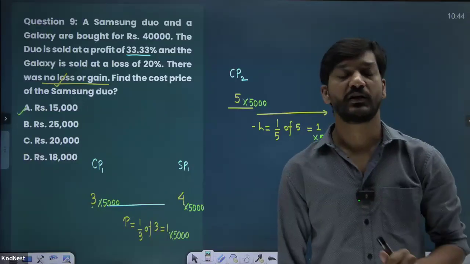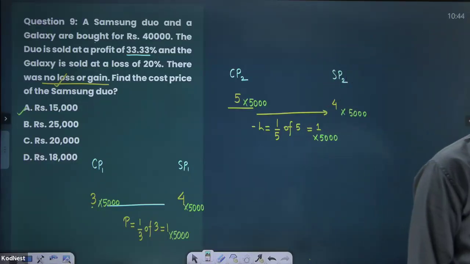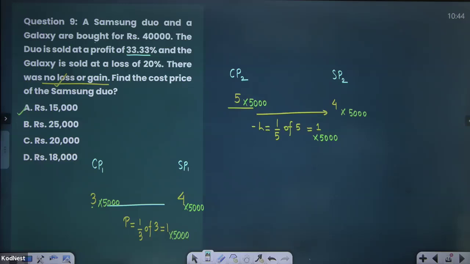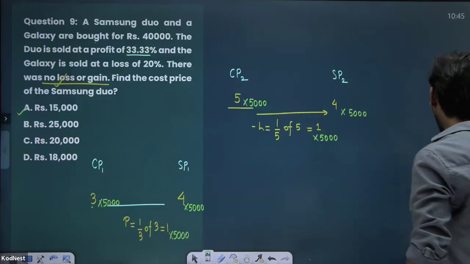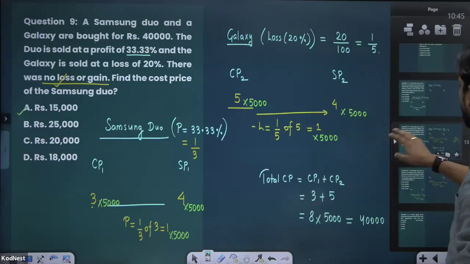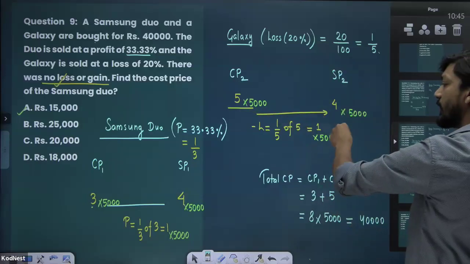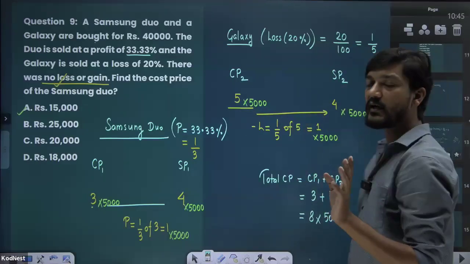Hardly 40-second question it is. A time taking question you have not even seen. If I say there is no profit, no loss, if I remove this, it is a time taking question. Okay. So this is the simplest way, and don't think the how much content I am writing, the same content you also have to write in the exam.